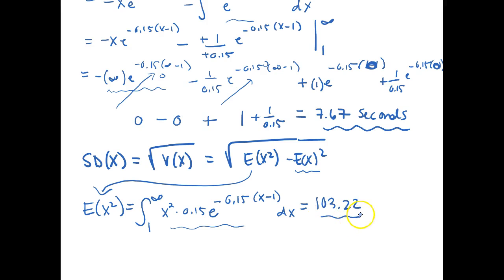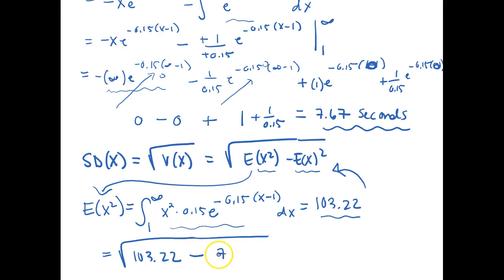And so now we can simply plug that into our formula up here. Again, the standard deviation is equal to the square root of the expectation of x squared, which is 103.22, minus the expectation of x squared, which is 7.67 squared, which is then equal to the square root of 44.4, which is equal to 6.66.